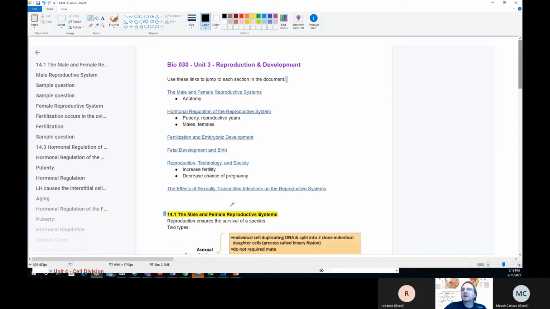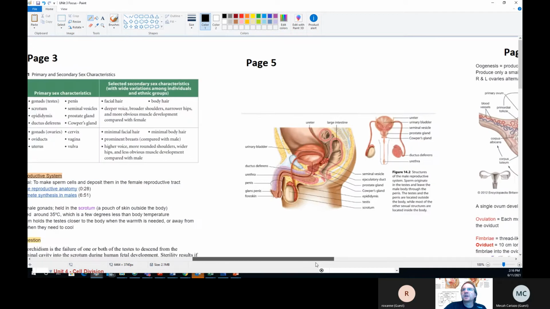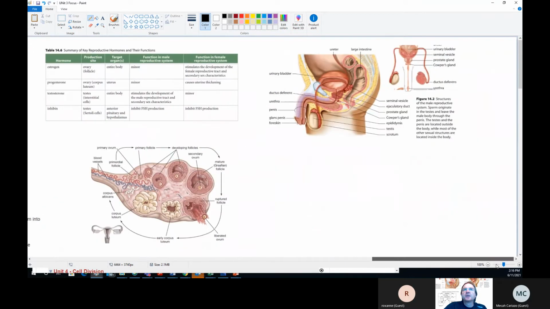I just wanted to go back to some of those key hormones for the testes and the ovaries. Again, testes make testosterone. Another interesting one that testes make is inhibin. Now, if you think about it, follicle stimulating hormone causes the testes in males to produce sperm, and a lot.